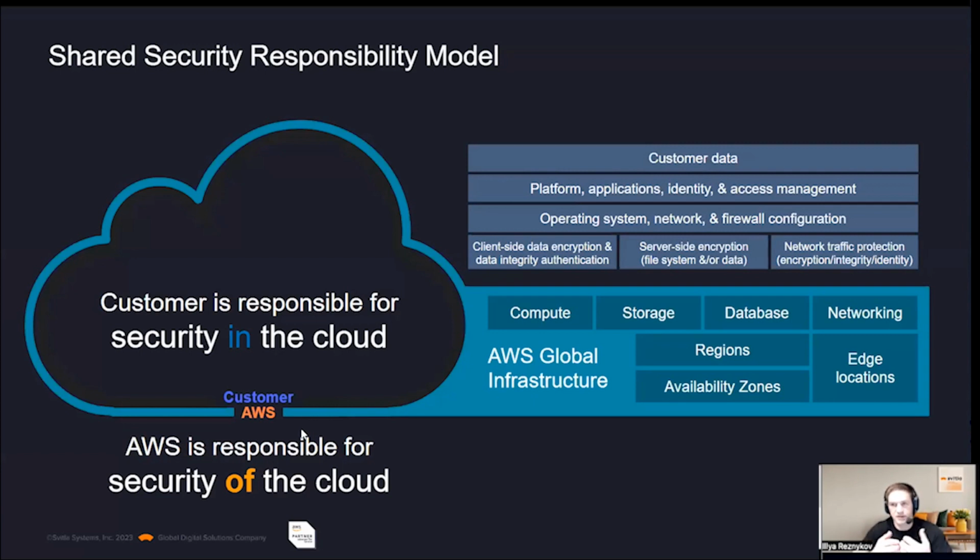But it's the customer's responsibility to use the services, to understand which options we have, and to implement our workload and application in that way.